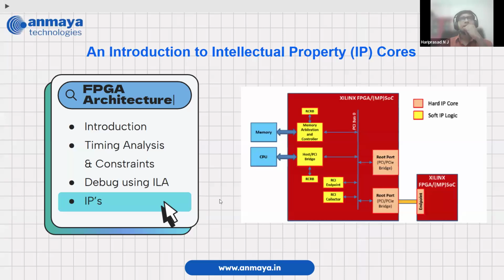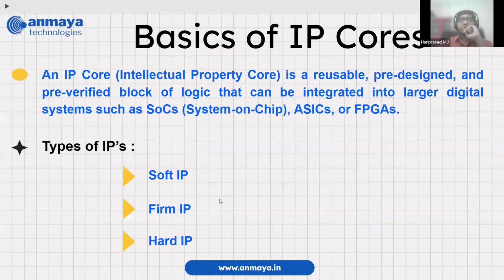Yes. So when we are talking about IP cores, we have various different IPs. One is soft IP. Soft IP is something where we have RTL resources, I mean LUT resources and registers inside the FPGA.